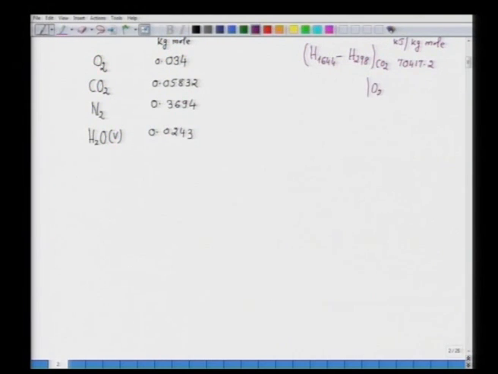For oxygen, this value is 46015.2. For nitrogen, this is 43458.8, and for H2O vapor, this value is 55,078.8. Now, remember, select the correct value of Cp of H2O vapor, not for H2O liquid.